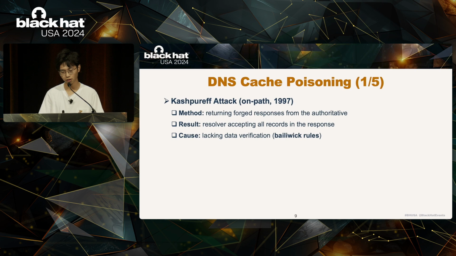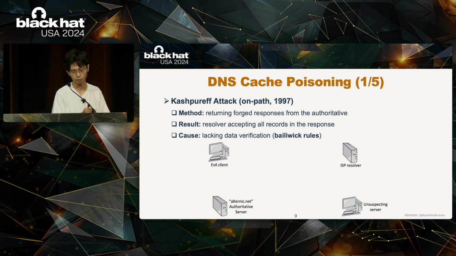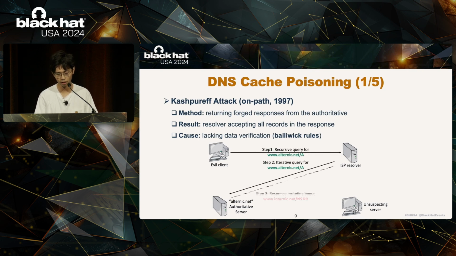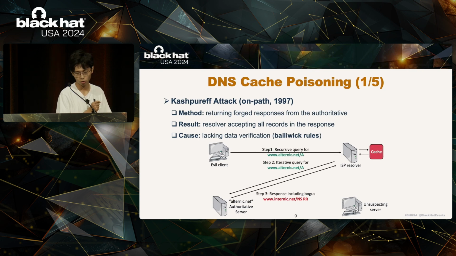Here, I will first present the famous on-path Cache-perf attack. Cache-perf wants to inject the forged response from the on-path on his own authoritative server. He can observe identification fields. Cache-perf queries the target resolver for his domain, alternate.com, and returns the response from his own authoritative server.